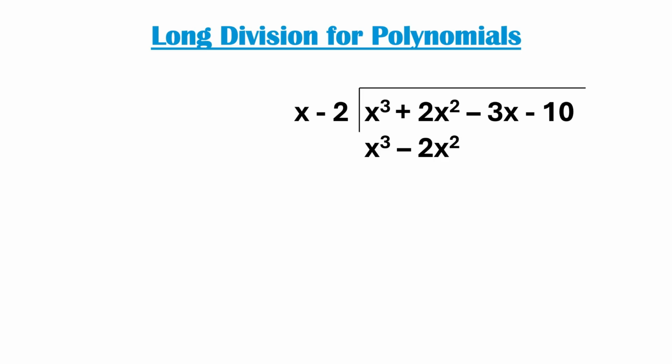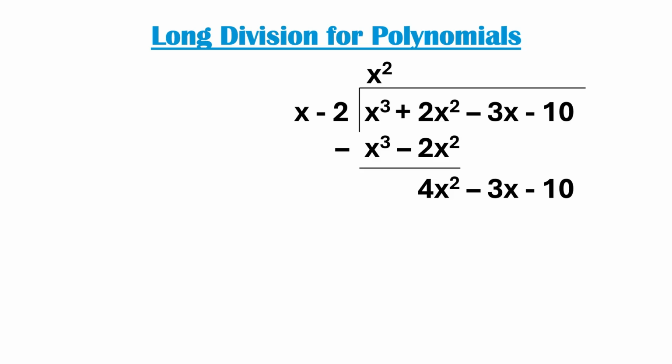And in this case, you always match the x to the first term. So usually this means just multiplying by x squared, like I've done here. X times by x squared is x cubed, minus 2 times by x squared is minus 2x squared. You then write what you've multiplied by at the top and subtract it away from the total. This cancels out the x cubed term, and you're left with this. 4x squared minus 3x minus 10.